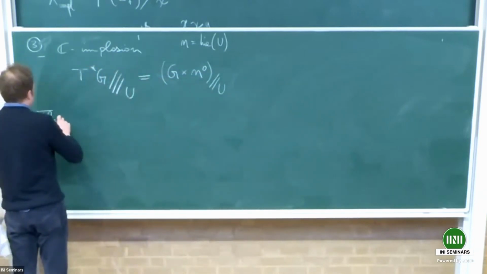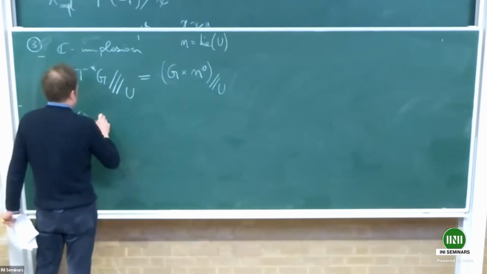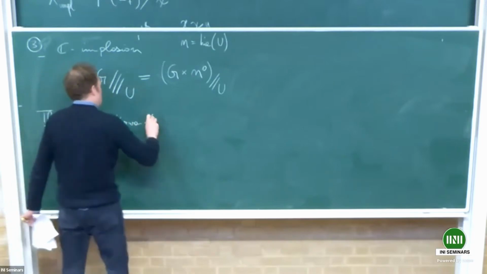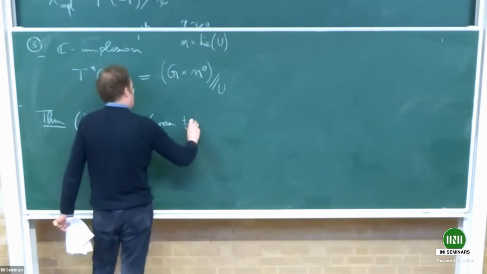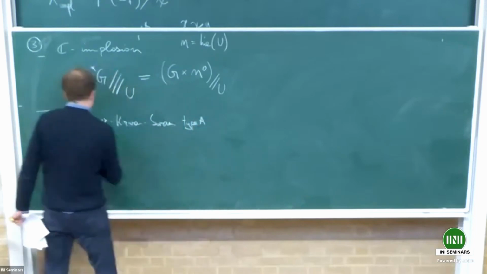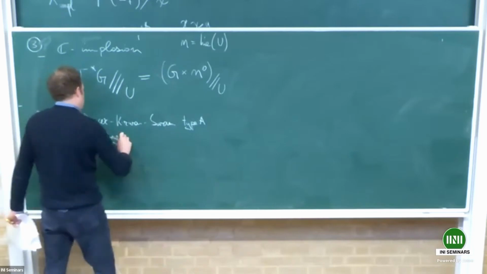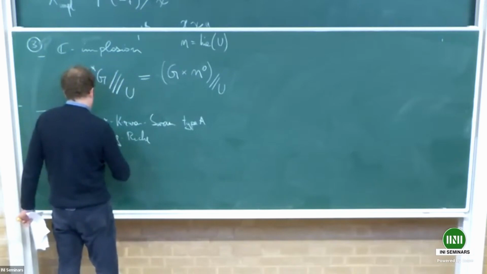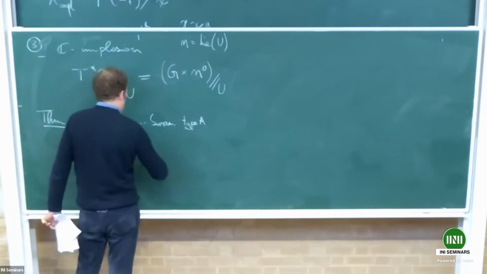So this was done by Dancer, Kirwan, and Swann in type A. And then by Victor Ginzburg and collaborators, Ginzburg and Riche, and Ginzburg and Kazhdan, in general.